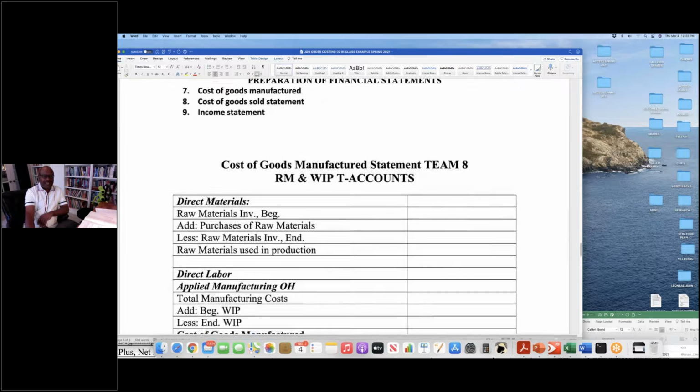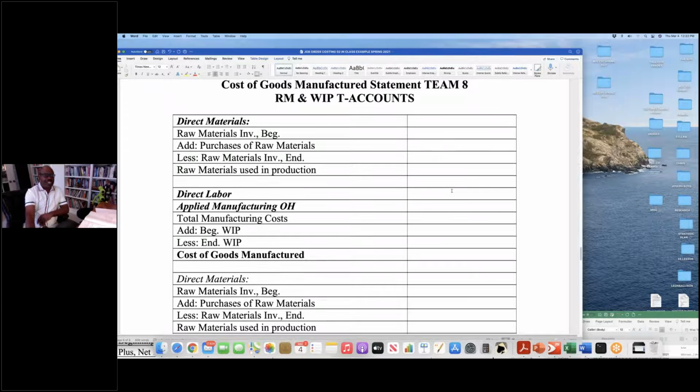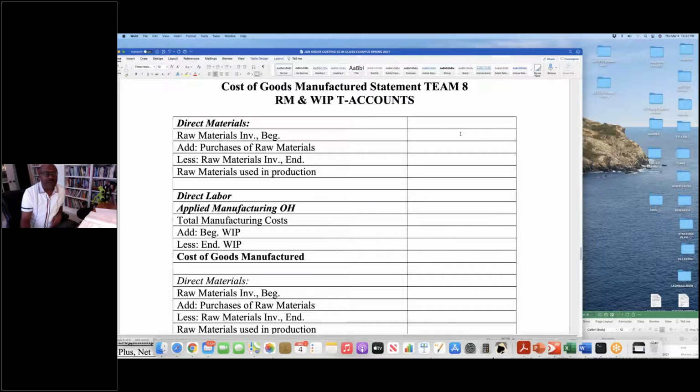Okay, now we're ready to get these financial statements done. Cost of goods manufactured. Are you ready, team 8? Raw materials beginning with 0. How much did you purchase? 1,100,000. Raw materials ending? 100,000. How much raw materials did you use in production? 1 million.